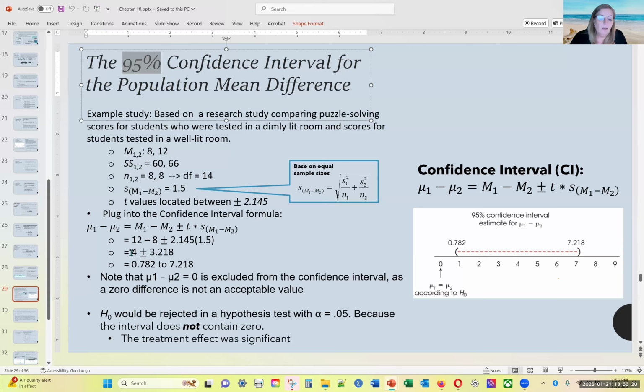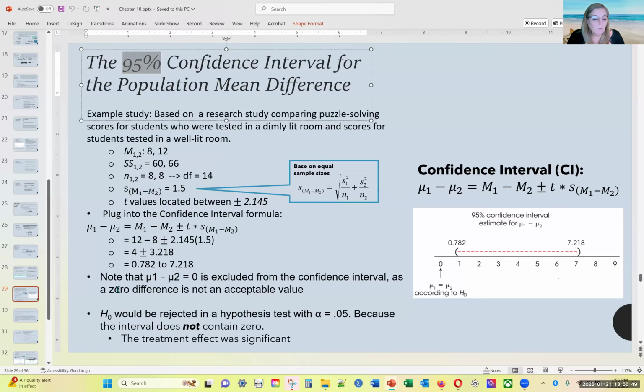Moving to the next step, that subtracted value between the means is 4. After multiplying 2.145 and 1.5, we find it's 3.21. And we add the 4 to that value and we subtract the 4 from that value, and we end up with a confidence interval of 0.782 to 7.218.